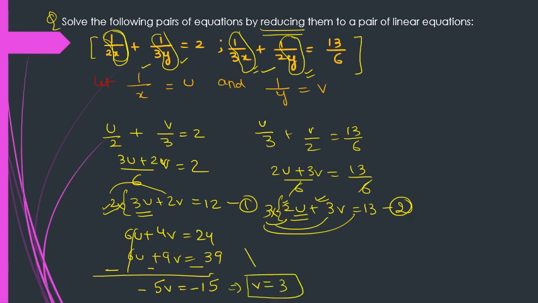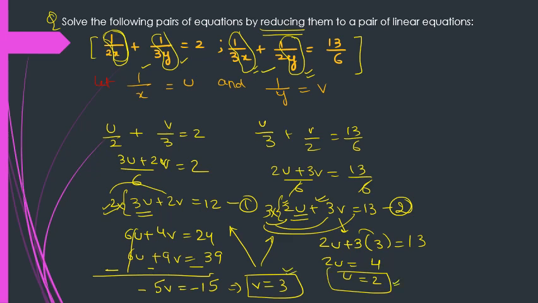Now you can substitute this in any of these equations. So 2u plus 3v, where v is 3. What you have got is 2u plus 9 equals 13, 13 minus 9 is 4, so u is 2. Now because the question was not to find u and v, we have to solve for x and y.